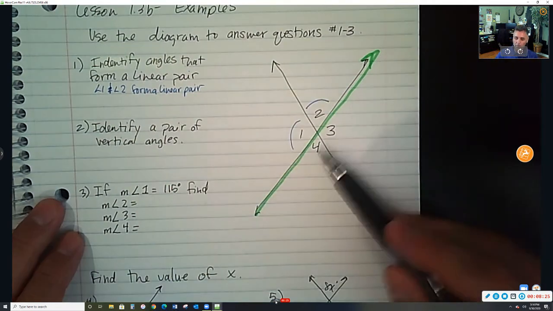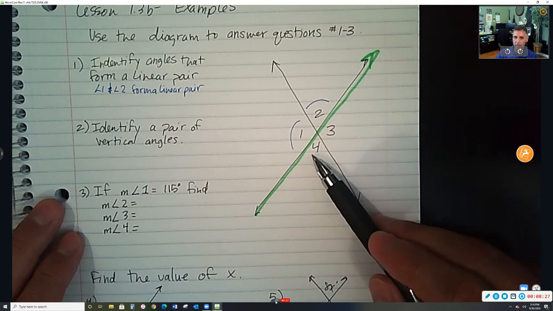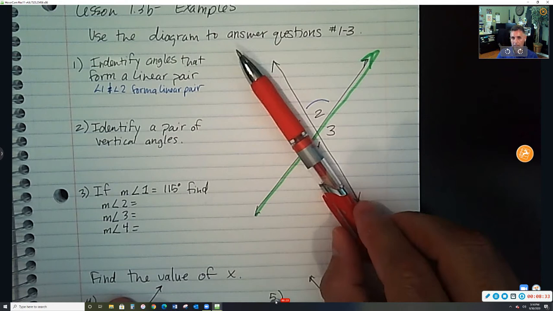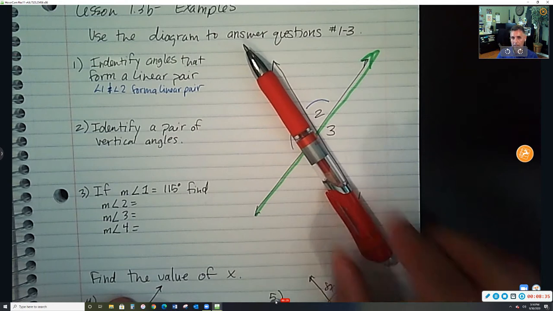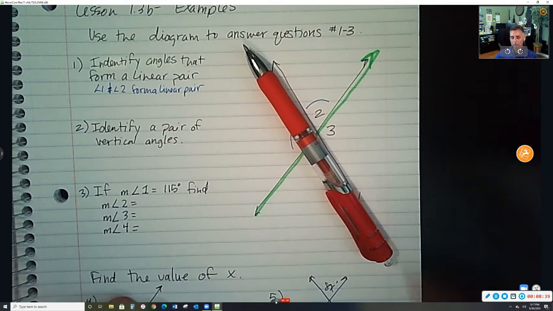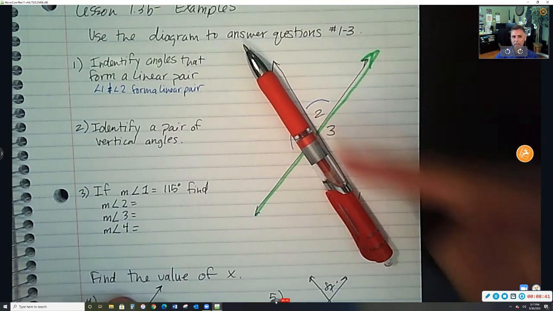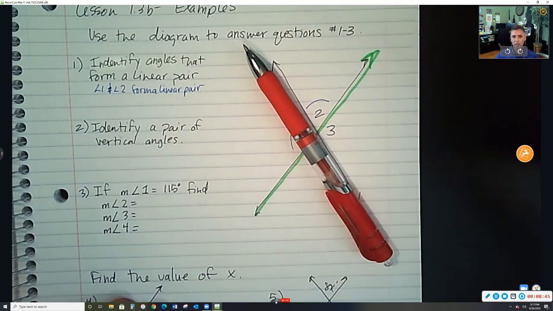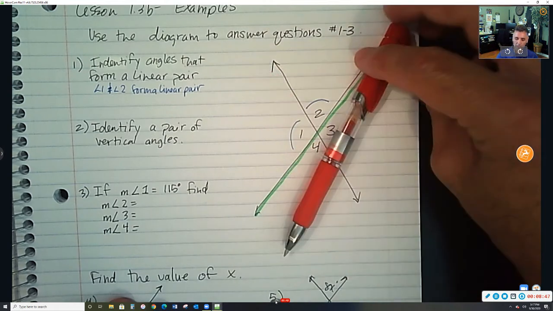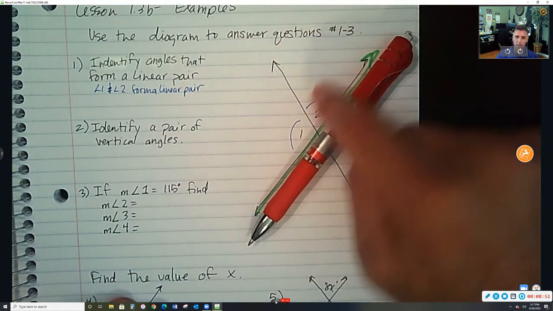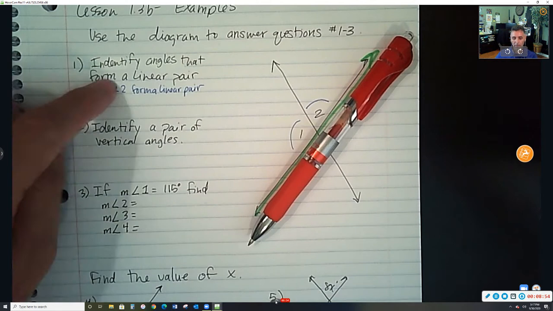Or if you looked at the bottom ones, you could say angle 3 and angle 4. Okay. Or even if you looked at this line here, you can say angles 2 and 3 form a linear pair because together they make this line. There's a bunch of different answers you can put for this one. I just chose that one because to me it seems like it's the easiest one. There's the line, there's angle 1 and angle 2, and they form that linear pair.